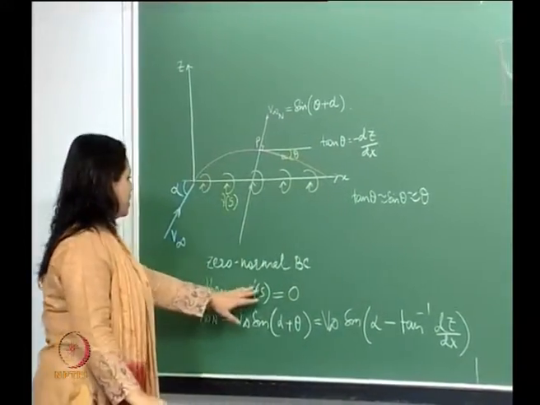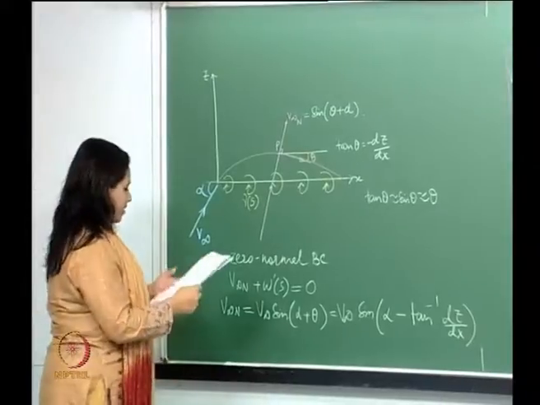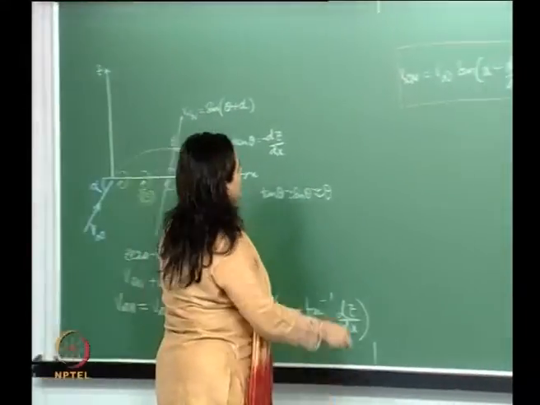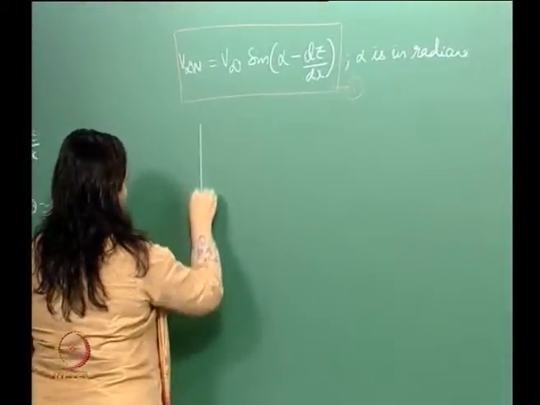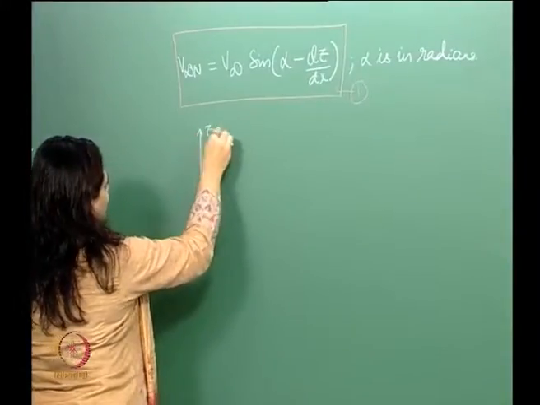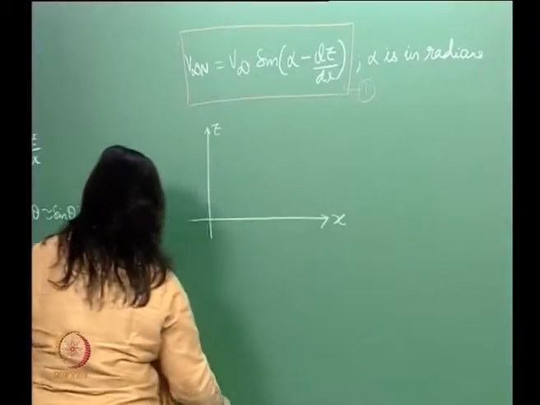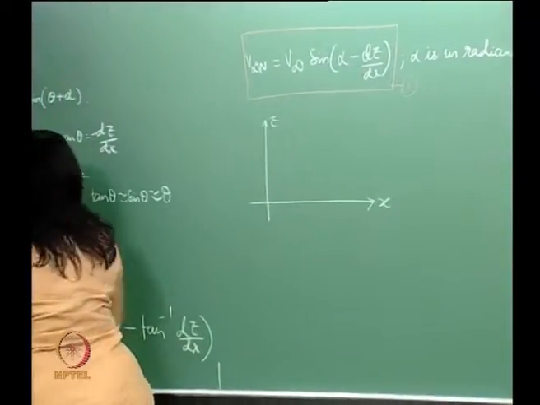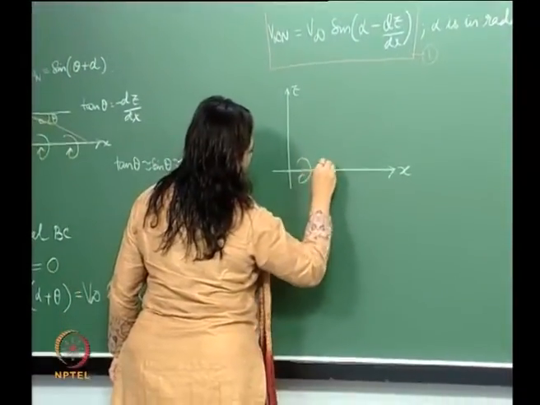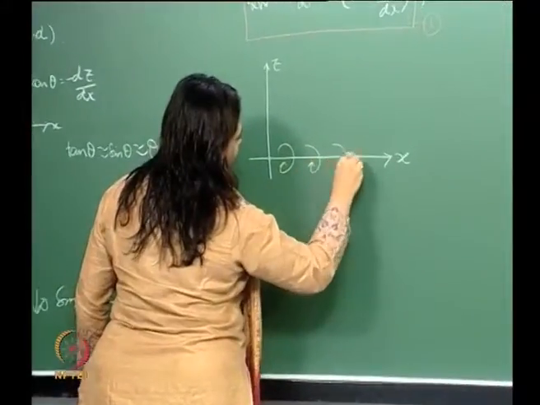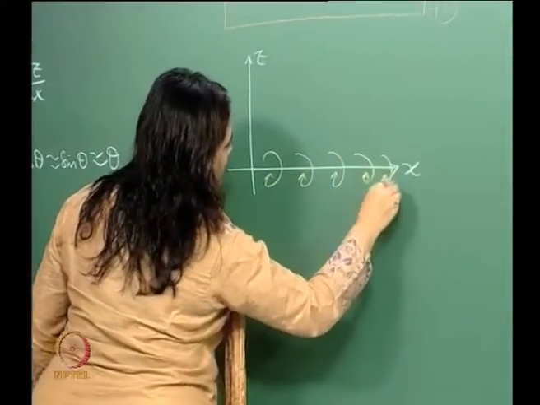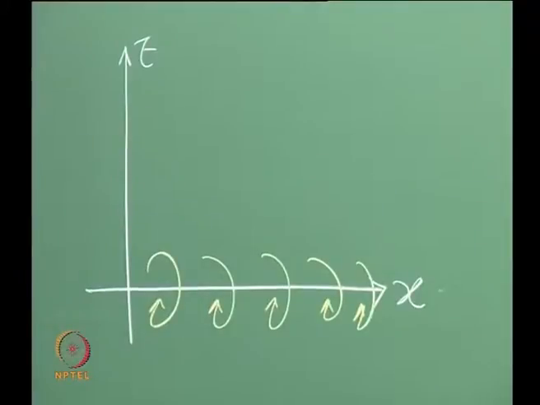Now, let us get the normal component of the induced velocity, right. If I look at it this way, I have essentially a vorticity distribution like this.